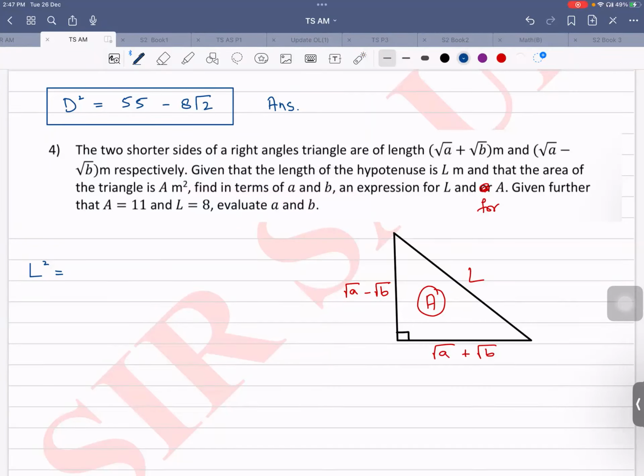Hypotenuse square is equal to base square plus height square. So I'll give you a minute to simplify this.